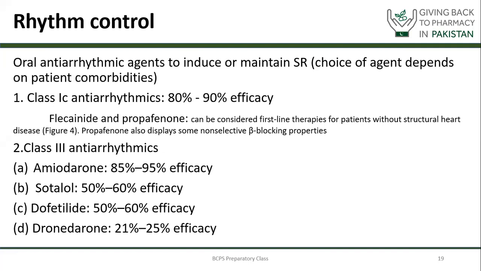Class 1 antiarrhythmics, flecainide and propafenone, have 80 to 90% efficacy. These are the first-line therapies for patients without structural heart disease. Structural heart disease means there is hypertrophy, where the heart walls get thicker, or there is some dead tissue. If it is not there, flecainide and propafenone are the first choice. Class 3 antiarrhythmics: amiodarone, sotalol, dofetilide, dronedarone.